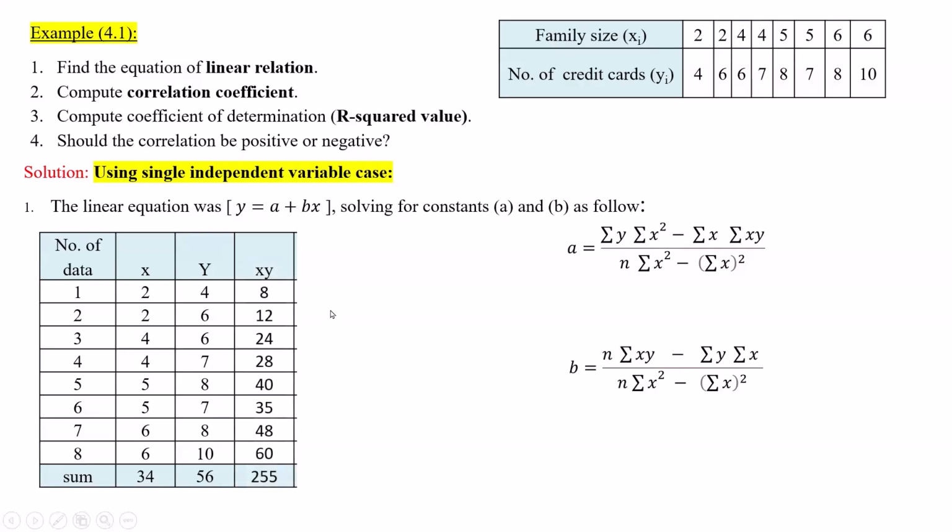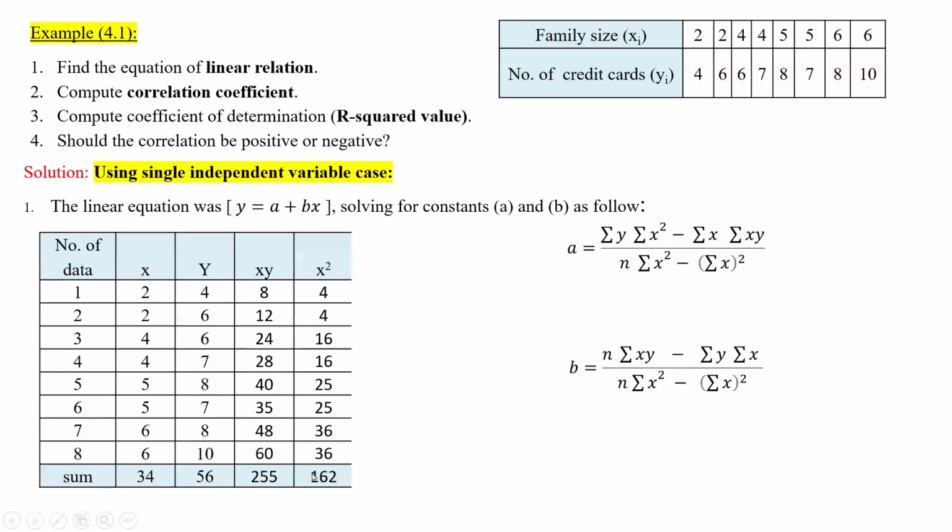Then xy: 2 times 4 is 8, 2 times 6 is 12, and its summation is 255. Also, we need x squared: 2 to the power 2 is 4, 2 to the power 2 is 4, 4 to the power 2 is 16, and so on. The summation is 162.